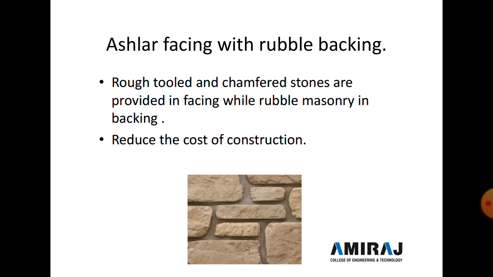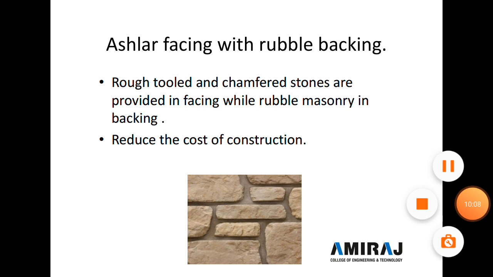At the last we see how to manufacture hollow concrete blocks. So all these things are discussed in the next lecture, and today we complete our lecture on the composite masonry wall. Thank you.